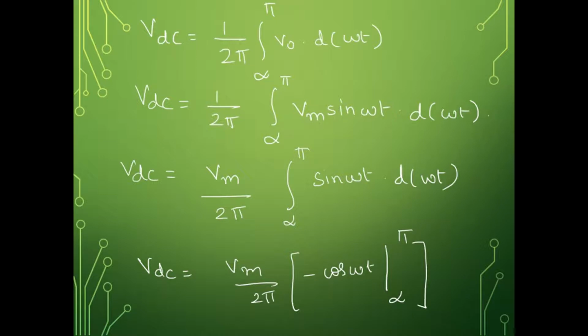Now we substitute the upper limit and lower limit. So VDC will be equal to Vm by 2 pi, minus cos pi minus of minus cos alpha.